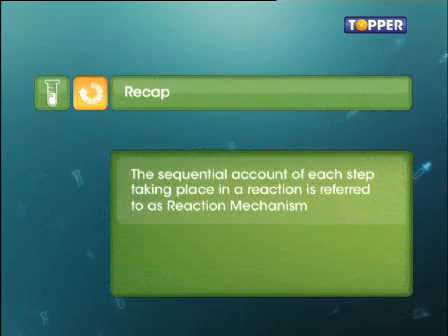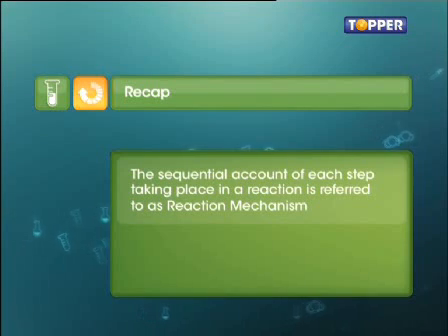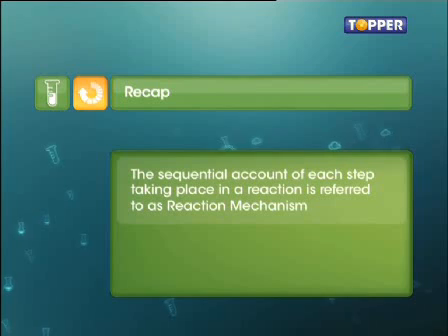Before stepping ahead onto our next segment, let's do a quick recap of today's topic. In today's episode, we studied that the sequential account of each step taking place in a reaction is referred to as the reaction mechanism.